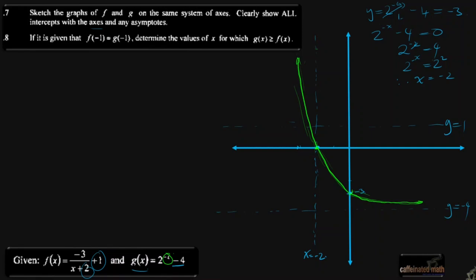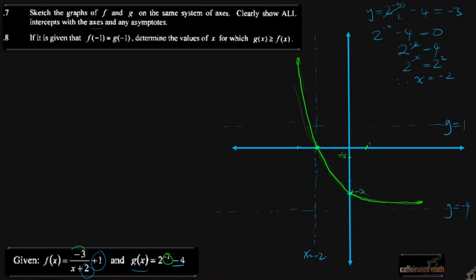And then as far as our hyperbola goes, well, we have its critical values. Its x-intercept would sit right at 1. So that's going to be over there, the 1 and 0. And its y-intercept sits at -1/2, which again is just over here, -1/2.